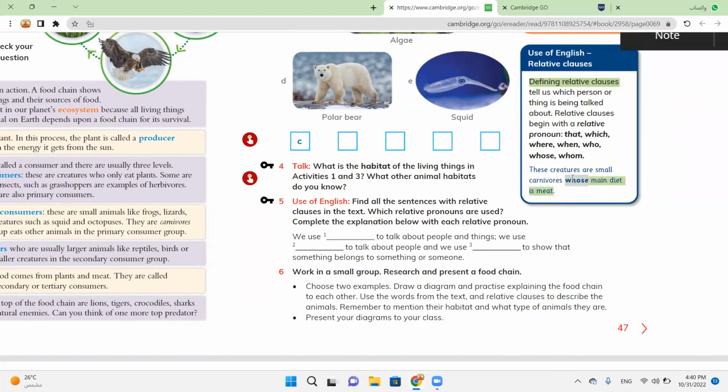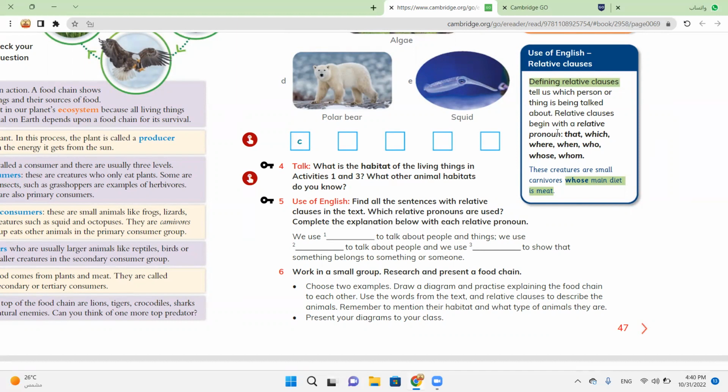This one is a relative pronoun. A relative pronoun. But the whole sentence is called a relative clause. So which relative pronoun do we use to talk about people and things?